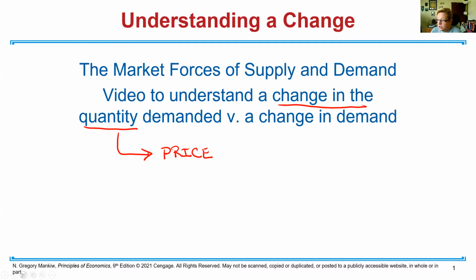Everything else causes a change in demand. We're going to look at a few examples, but basically everything other than price causes a change in demand. The only thing that causes a change in the quantity demanded is price.